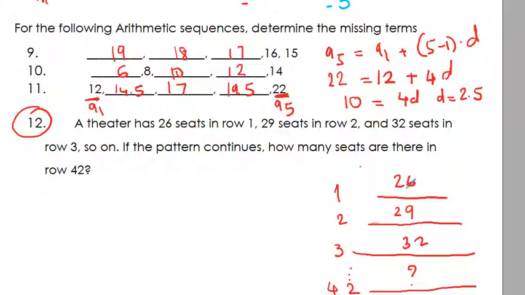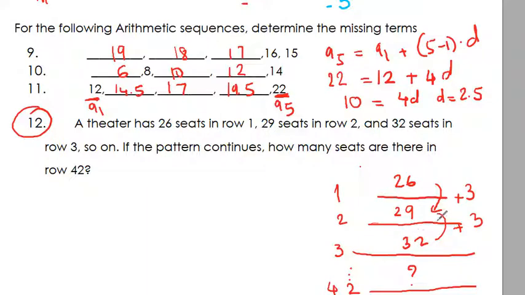So start with 26, right? You add what number? 3. That's right. You add 3, then you add 3 again, and continue.